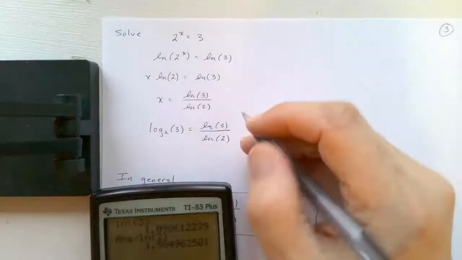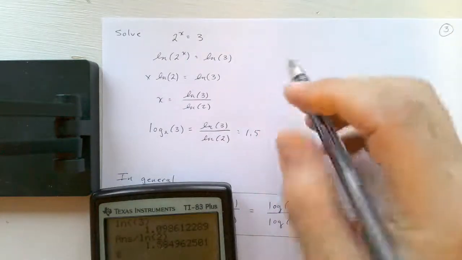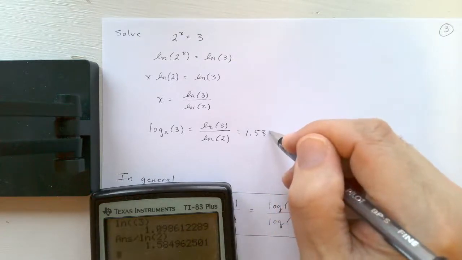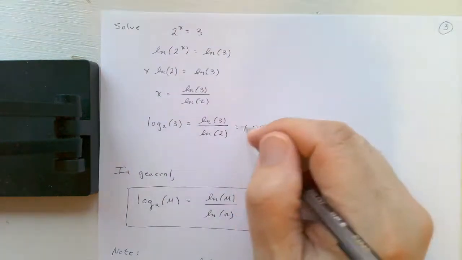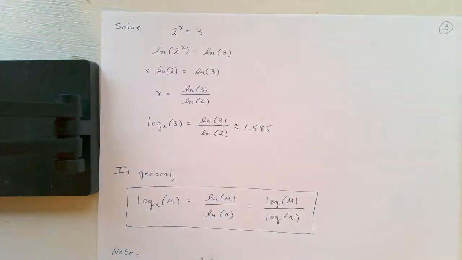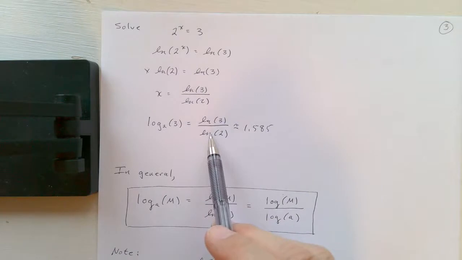We'll round it to 3 digits. It's important that the ln's do not cancel out, right? This is not 3 halves. This is log of 3 divided by log 2.